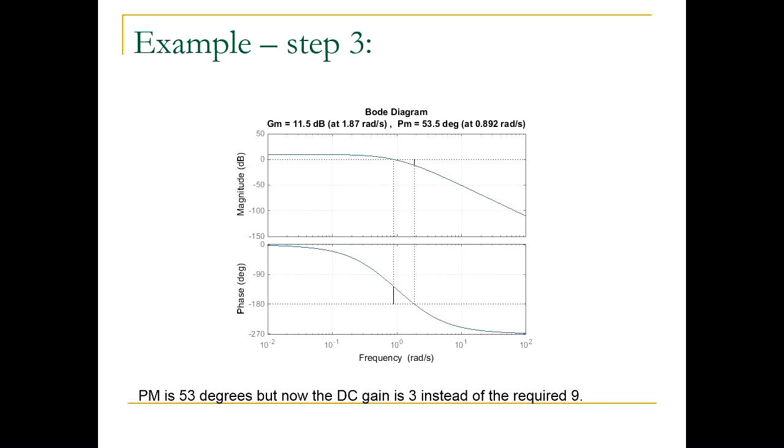So don't worry about having exactly the same numbers for the transfer function for the compensator. As long as you satisfy the specs, that's fine. And this just illustrates this point. Rather than achieving exactly 40 degrees, which is what we were asked, here we got 53. This is fine. It's more than what we need.